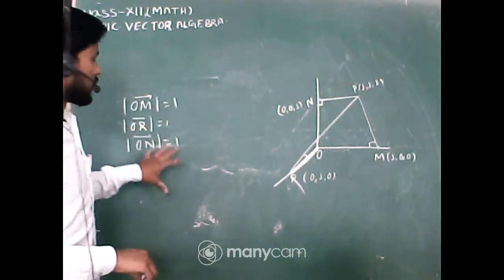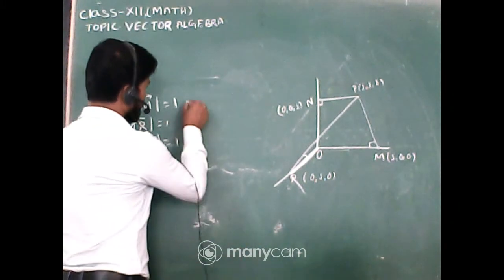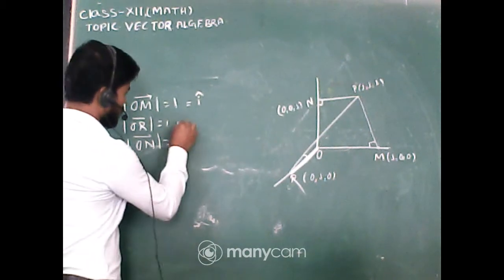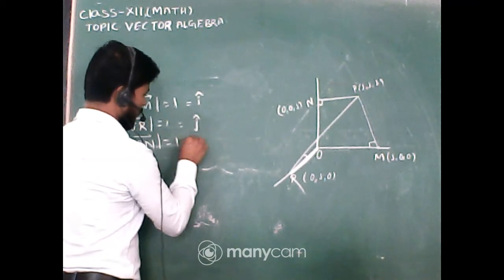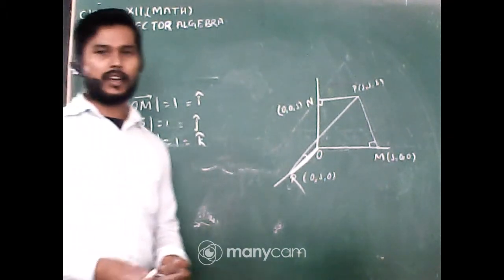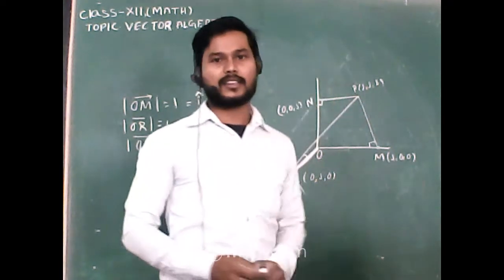So these three vectors are called the unit vectors. The one along the x-axis is denoted by i hat, this is denoted by j hat, and this vector is denoted by k hat. So i, j, k are the unit vectors along the x-axis, y-axis, and z-axis.